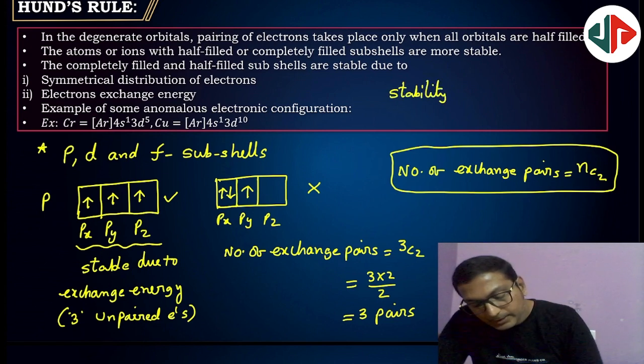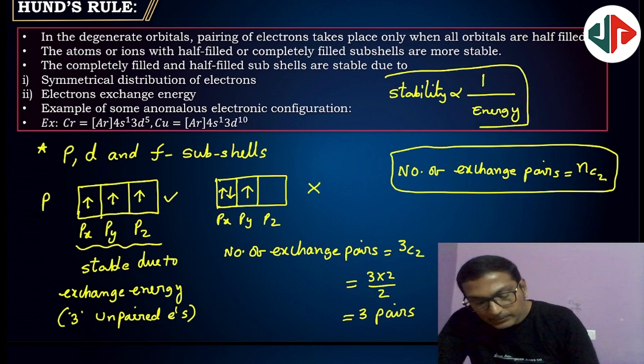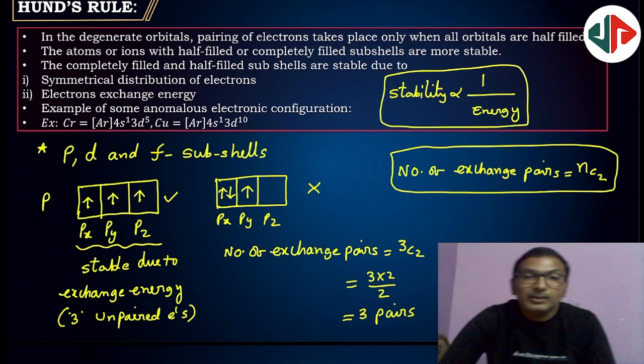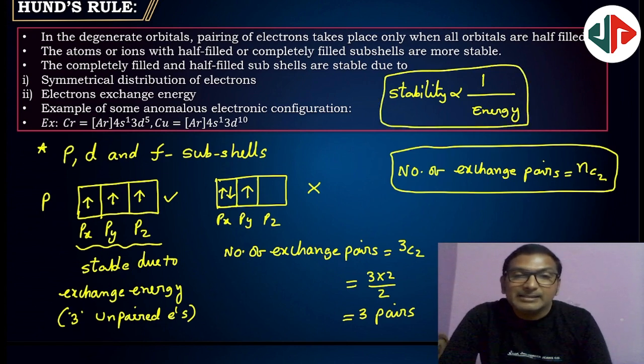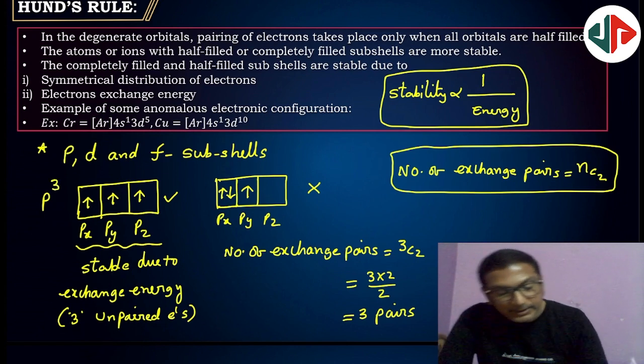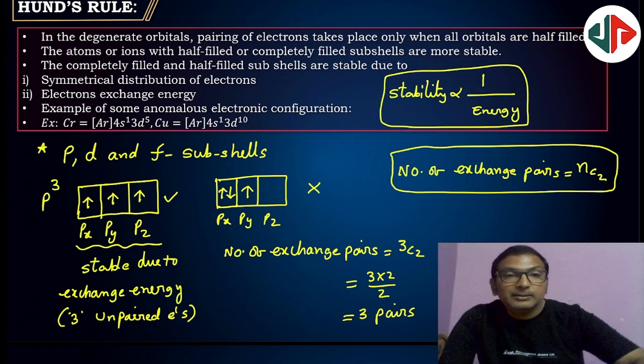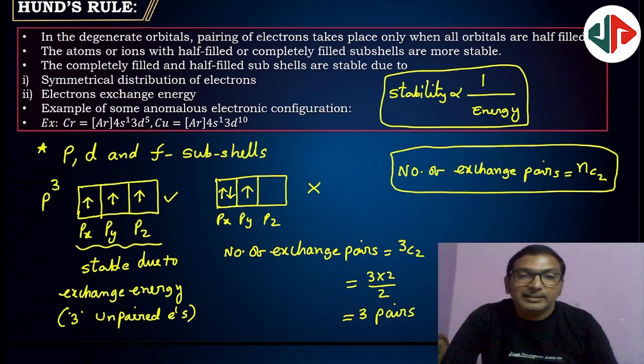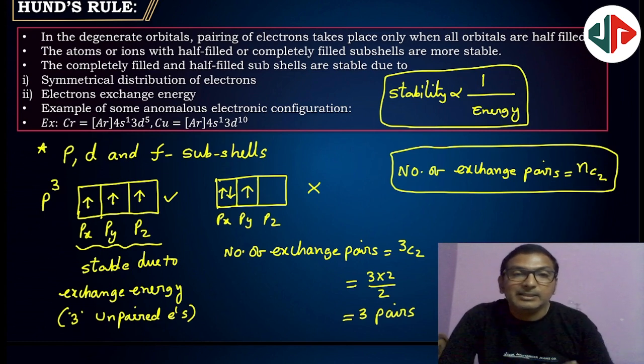Stability of configuration is inversely proportional to energy. So due to 3 exchange pairs, the P3 configuration will get more stability, because there is a decrease of energy.